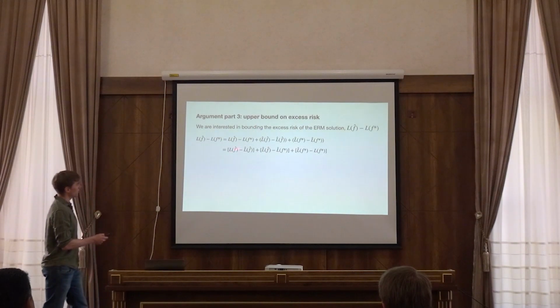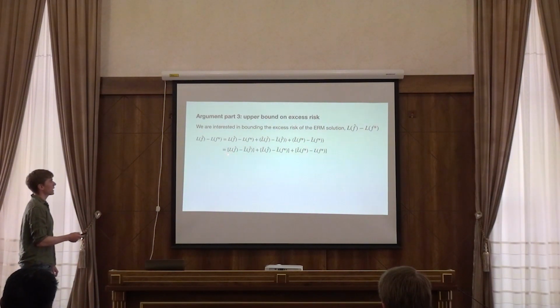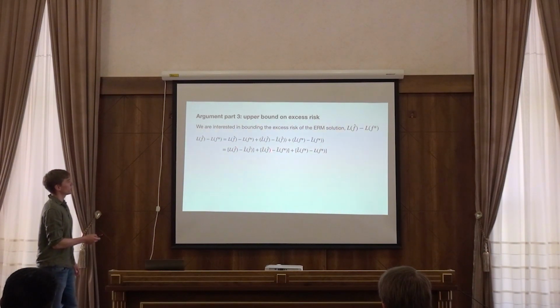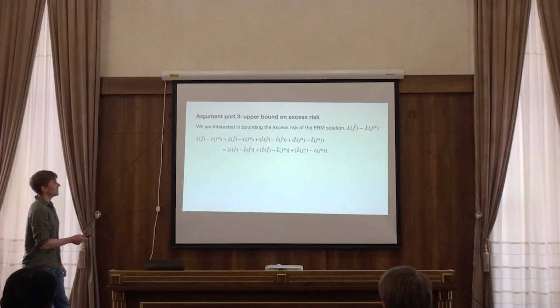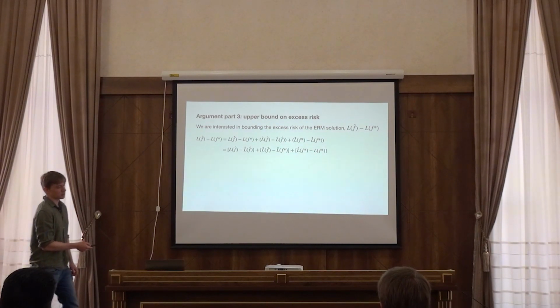We've got this one here, which in some sense is the difference between the ERM population and empirical risk. This one, which is the difference between the empirical risk of the ERM and the empirical risk of the Bayes optimal. And then, of course, the final one is the difference between the empirical risk of the Bayes optimal and the population risk of the Bayes optimal.